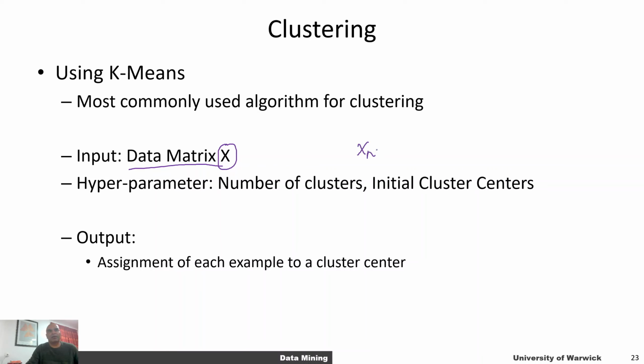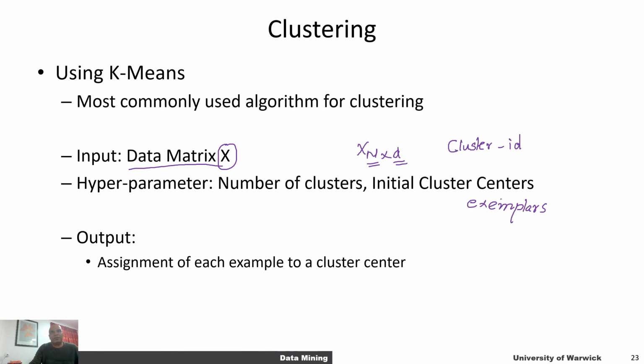If you have a data matrix like this one, in which you have n examples, each expressed in d dimensions, it's going to give you two things. One is the cluster ID of each of these examples, so which examples fall in cluster 0, which fall in cluster 1, and so on. It's also going to give you cluster centers, or cluster exemplars as they are also called, which are the representative examples of each cluster.